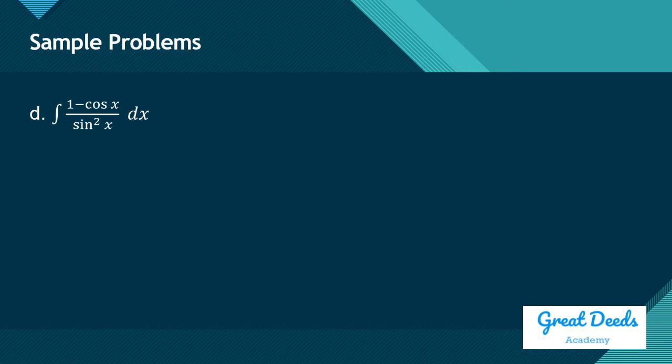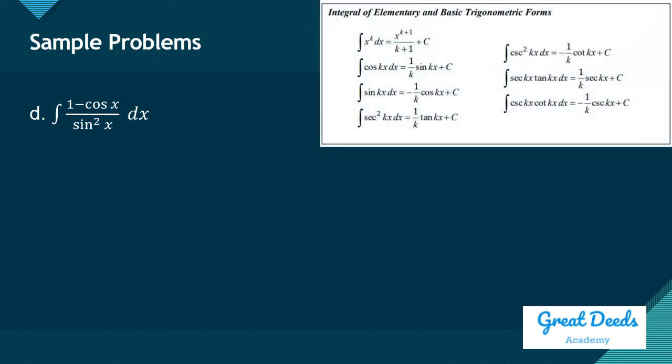What is the integral of 1 minus cosine of x over the square of sine of x dx? Again, it does not belong to this list. But maybe we can do something about it. Maybe we can find an identity that belongs to this list. Okay, so let us work on this function.